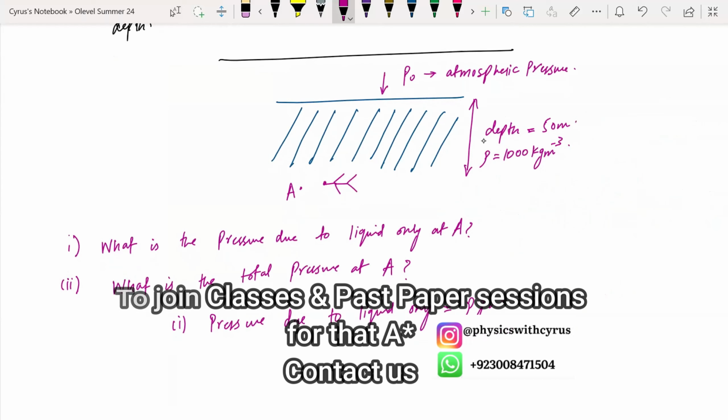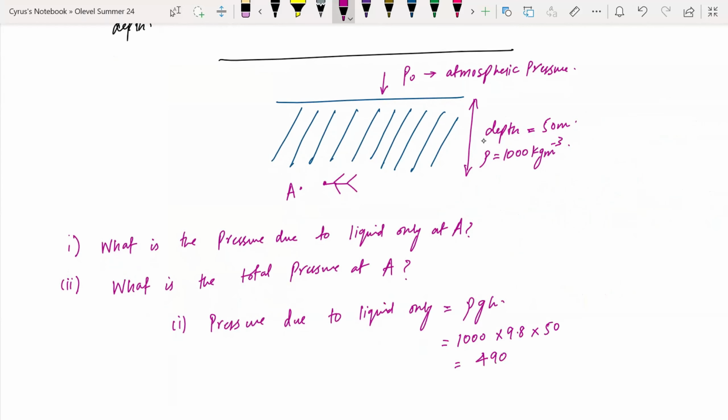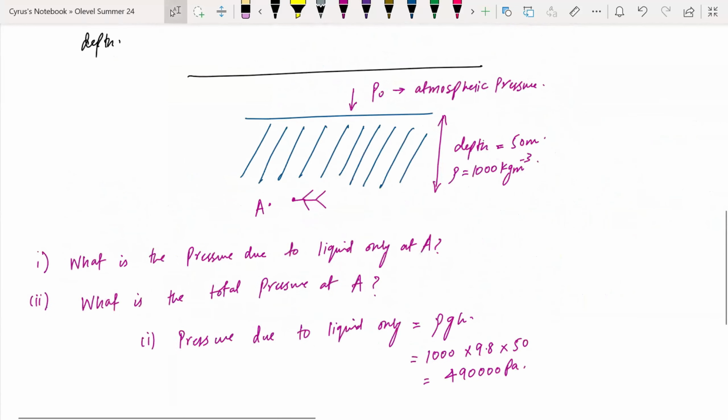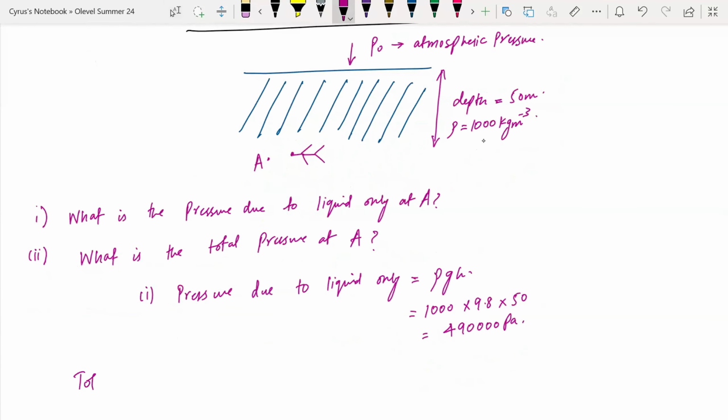So that is going to be 490,000 pascals. Right? And if you talk about the total pressure at A, that is going to be P naught, which is the atmospheric pressure, plus rho g h.